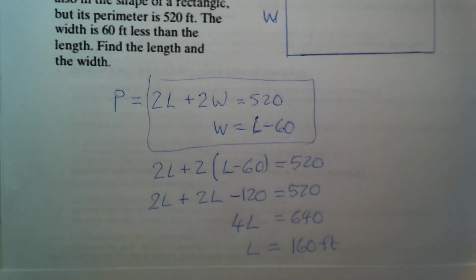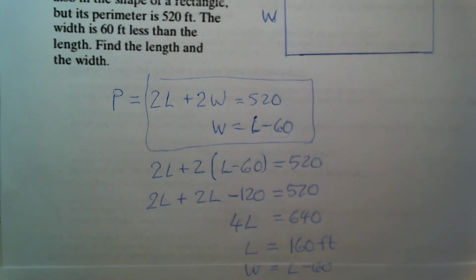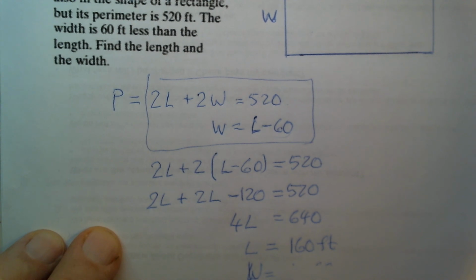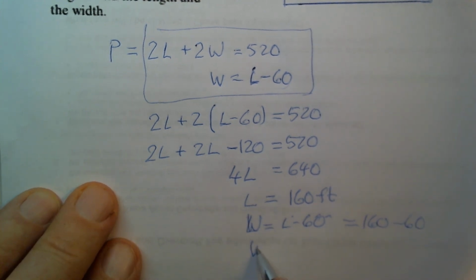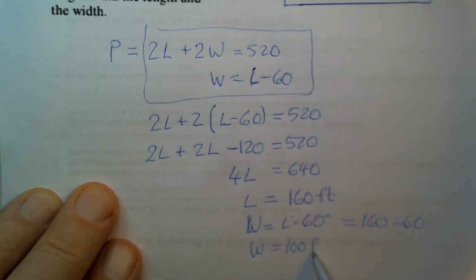Now for the width, we know that the width is L minus 60. So W is equal to L minus 60, or 160 minus 60, so then W equals 100 feet.